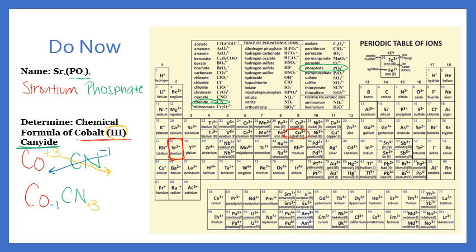All right, and now we get rid of our signs. So it's Co(CN)3, cobalt 1, cyanide 3. Okay, those are your do now answers. Let's dive on into some notes.